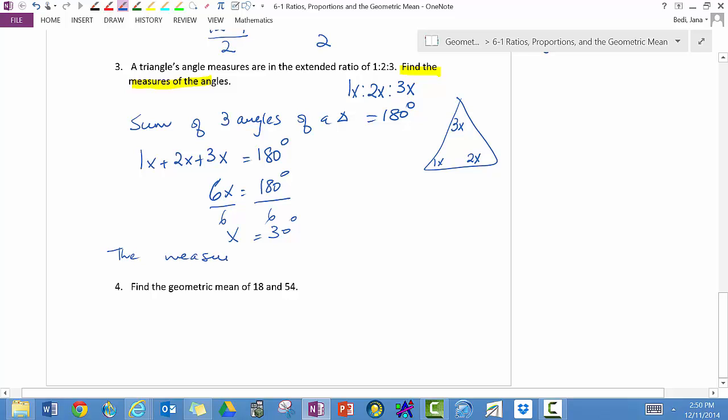The measures of the angles are 30 degrees, 2x would be 60 degrees, and 3x would be 90 degrees. Do a quick check. Yes, that adds to 180. In fact, I'm going to draw a schematic here. So my triangle is actually something like this. It's a right triangle.